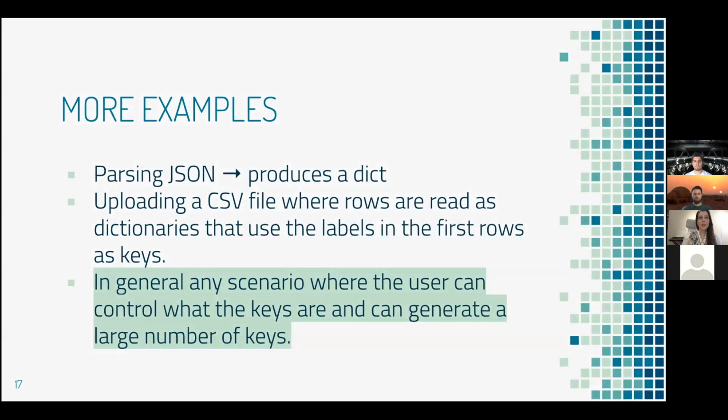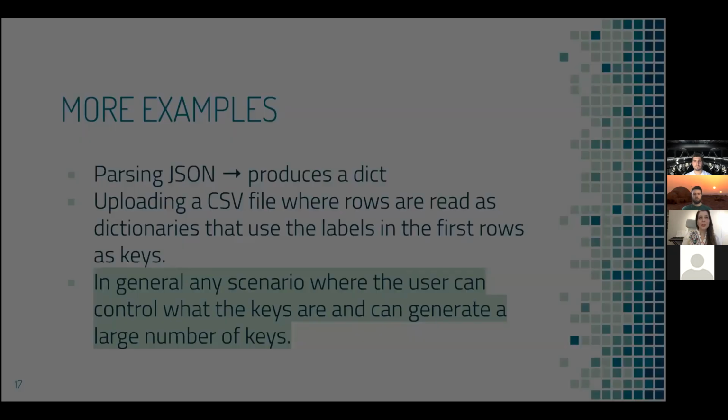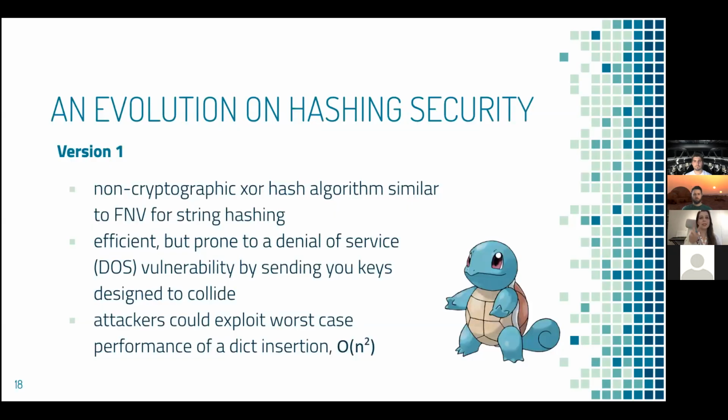So let's talk a bit about the evolution of Python dictionaries. There have been 3 versions of security on Python dictionaries. The first one was a non-cryptographic hash algorithm. It was efficient, but it was prone to the kind of attacks that we just described.